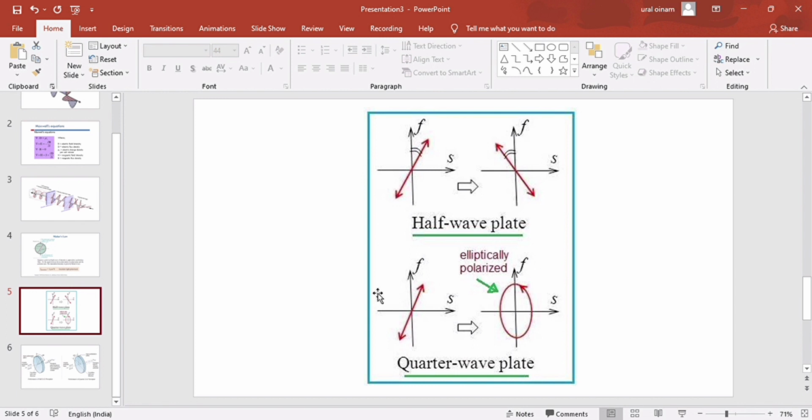The part of the light that passes through the slow axis will lag by 90 degrees, while the one that passes through the fast axis will not get a phase lag.